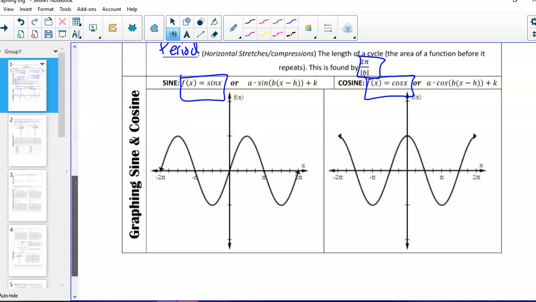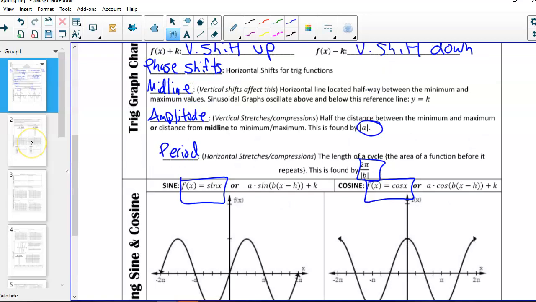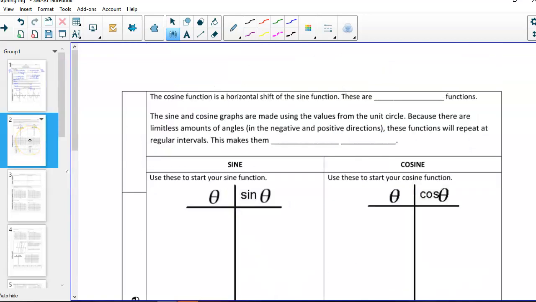So if I move this to start at 0, it would be the same. On the next page, it says that the cosine function is really just a shift of your sine function. That makes these sinusoidal functions.